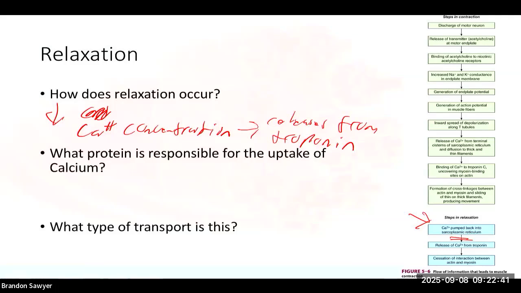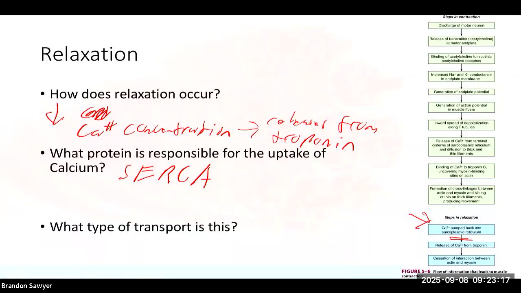Okay, we have a special protein that's bound to our sarcoplasmic reticulum, which is pulling calcium back in. We talked about this one a little bit last time. It's known as SERCA. Okay, it's sarcoplasmic or endoplasmic reticulum calcium ATPase. So it's pretty much using ATP to pull calcium back into the sarcoplasmic reticulum, or in other cells that it's not a sarcoplasmic reticulum, into the endoplasmic reticulum.